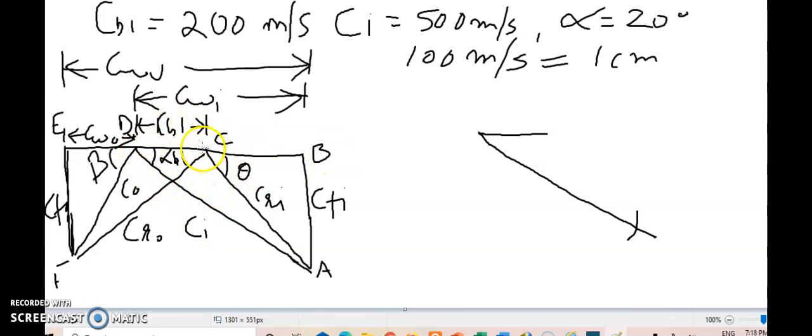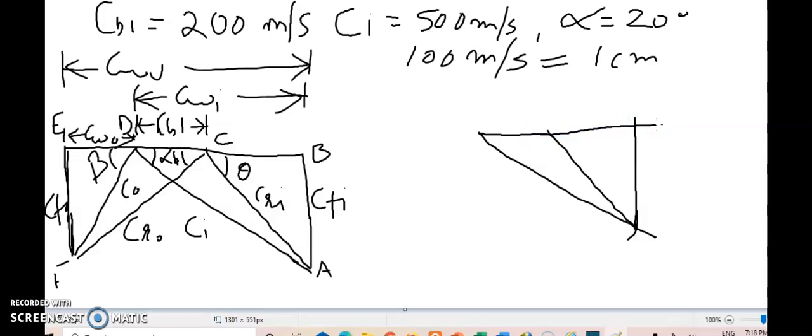Now as we can see that by joining the end of CBL on the right hand side and the end of CI on the right hand side only, we can obtain this line CRI. Let us first draw this CRI. So this joined by this will be CRI. So now when we'll draw a perpendicular from A to this, we will obtain the point B. So this is a straight line, and let us extend this CBL line.